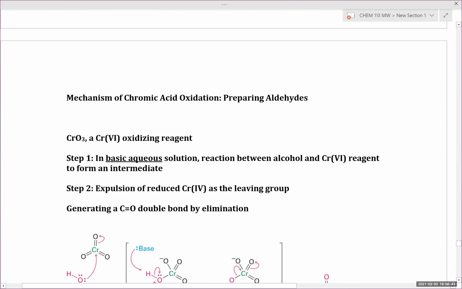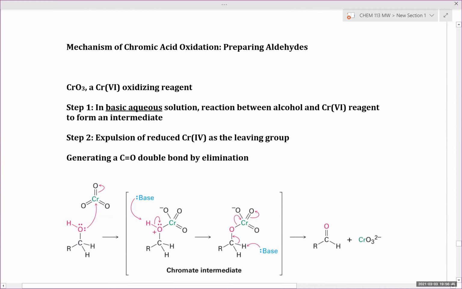So let's talk about the chromic acid oxidation mechanism to prepare aldehydes and carboxylic acids. So chromium trioxide is a chromium 6 oxidizing reagent. This is commonly done in basic aqueous solution, but it can also be run under acidic conditions.